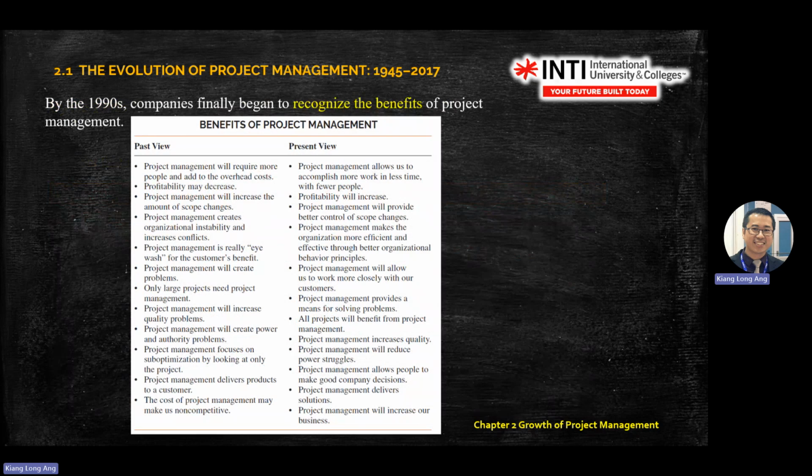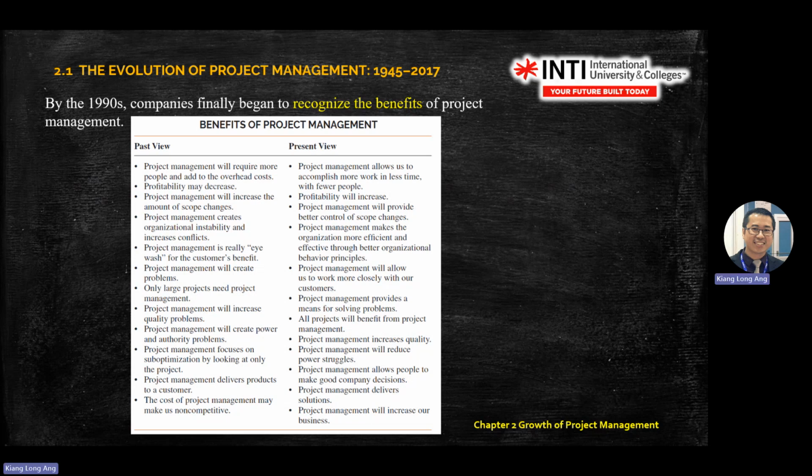Then this one you read. Benefit of project management. This one you read. Past view and present view. Of course, the question will likely ask you about the present view. Since you are taking project management, and you have more than 10 points here, you have 12 points here.